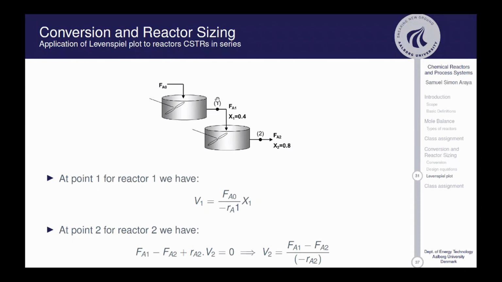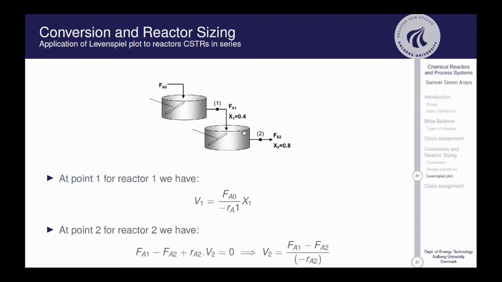I think it will be a bit more clear if we go through it step by step. If we want the volume of the first reactor, we don't need to do anything. We just use the design equation that we already obtained previously for CSTR. So the volume is FA0 divided by minus RA times X. So this is just our Levenspiel plot area, the area of the rectangle that we already found.